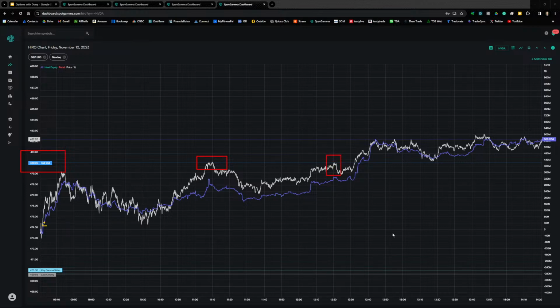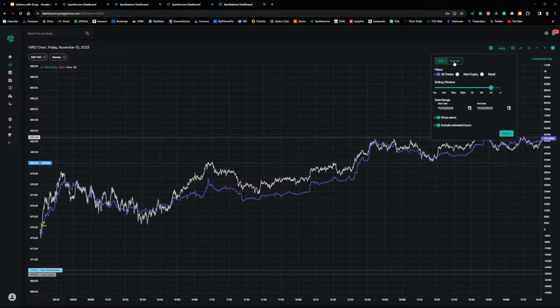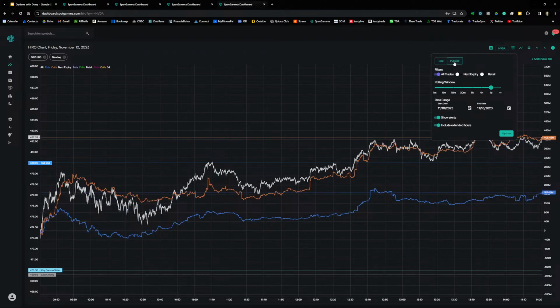That's this light blue line here. Then as support, we'll take a look in Bookmap and see that more closely. And again, traders are buying calls. They're actually also selling puts. That's shown by the rising blue line and the positive notional value.